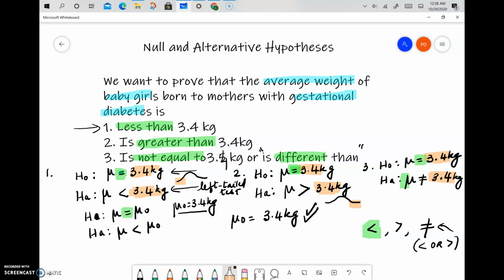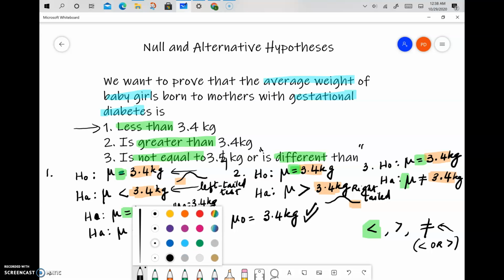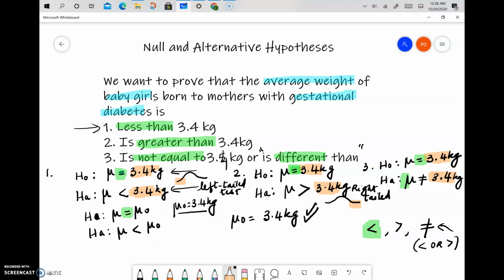We find the area to the right. So this is called the right-tailed test or a right-sided test. And when the symbol that we use in the alternative hypothesis is not equal to, then we do a two-tailed test or a two-sided test, which means we have to find the area either to the left or the right of the z statistic and double it, multiply by 2, because it has two sides.